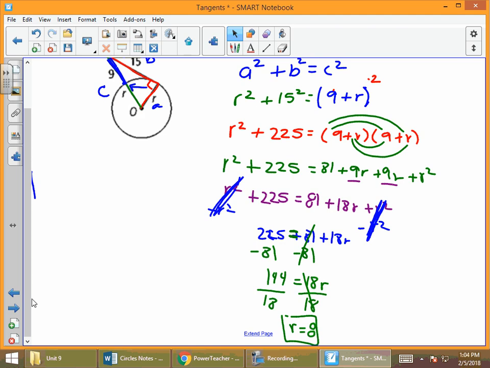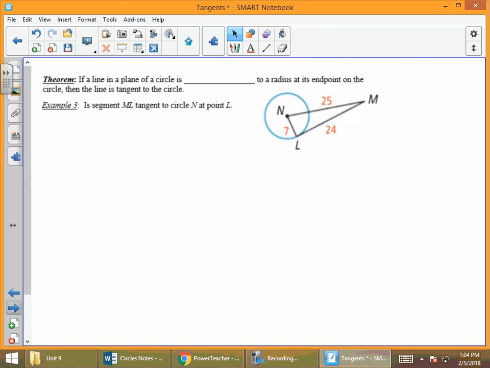Questions? Okay. If you flip it over to the back, it's the same theory we've been talking about, but in reverse. So on the front we said if a line is tangent to a circle at the radius, it's perpendicular and it creates the right angle.